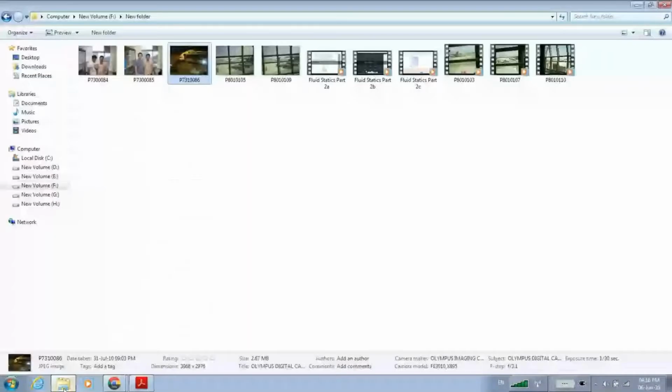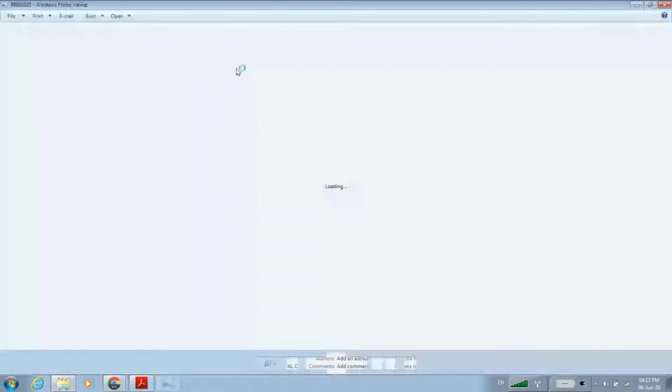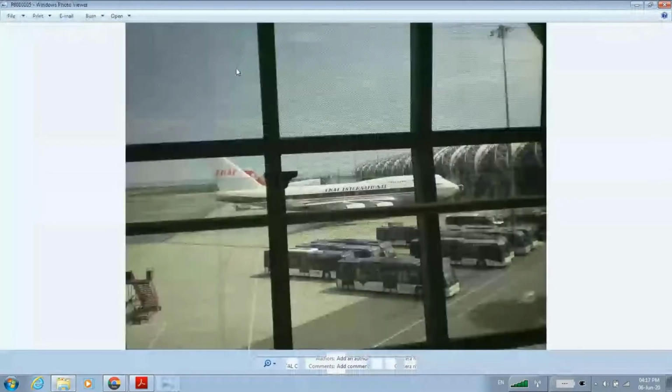So that you can see here also with the help of videos which I recorded while I was coming from South Korea to India on August 1st, 2010. Here, as you are able to see, these are some pictures of the aeroplane I have taken at Bangkok airport, I think.